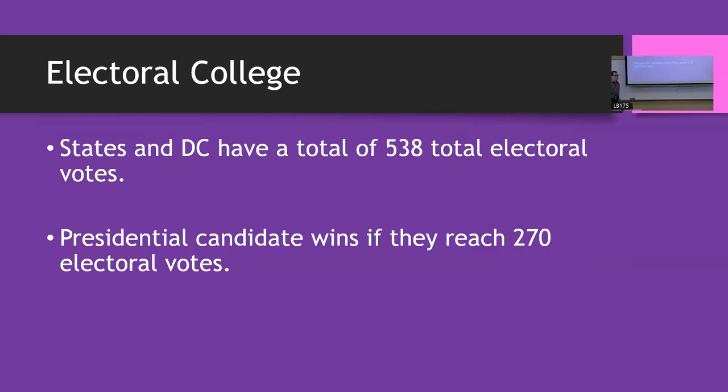Most states, it's a winner-take-all system. And so California might have 40 electoral college votes, and Wyoming may have 3, and so on and so forth.